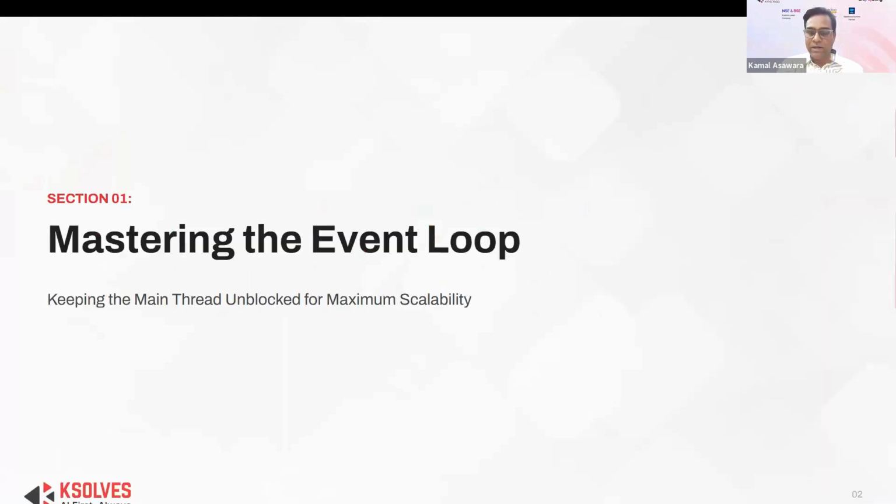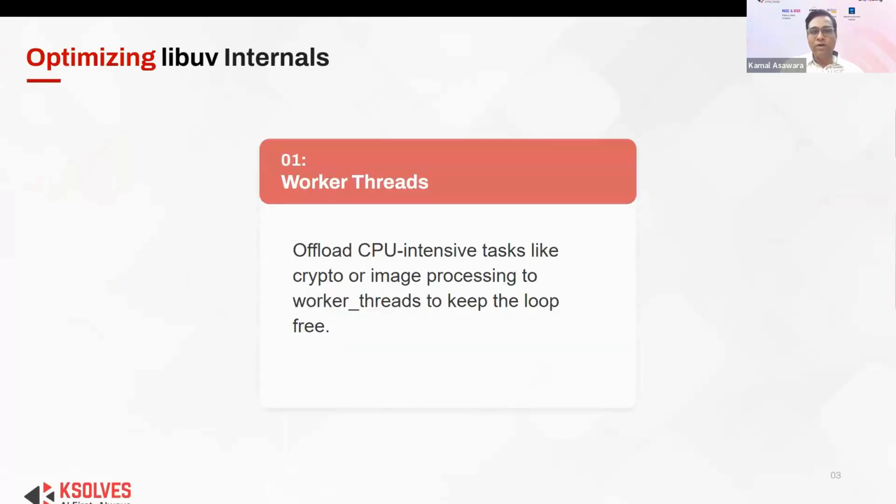The event loop, which everyone knows, but we will look at a different aspect of it today. We all know that Node.js is single threaded, but that is not completely true. Yes, JavaScript is single threaded, but behind the scenes, who is doing all this? The libuv library, a C++ library, which has 4 threads instead of 1 thread.